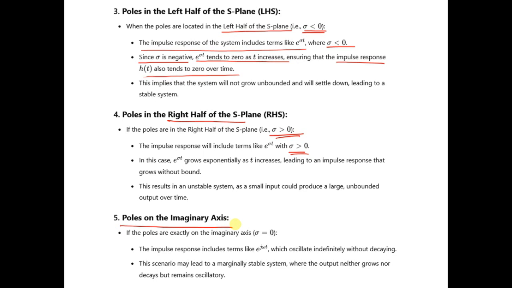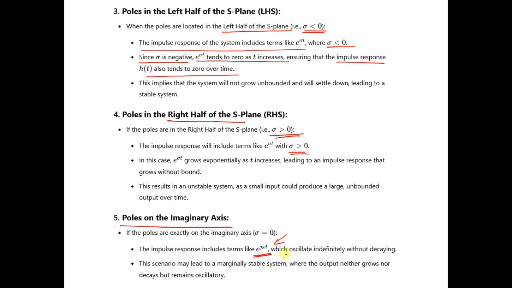Now the impulse response includes e^(j omega t). If you try to find out this modulus, it is basically a combination of sinusoids, sine of omega t plus j cos omega t, right?